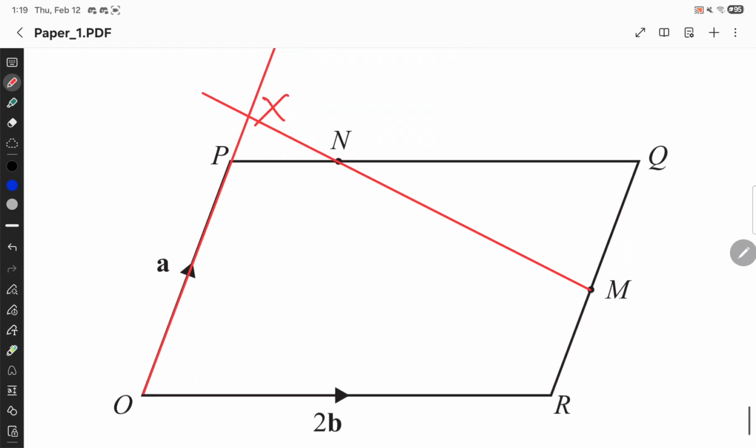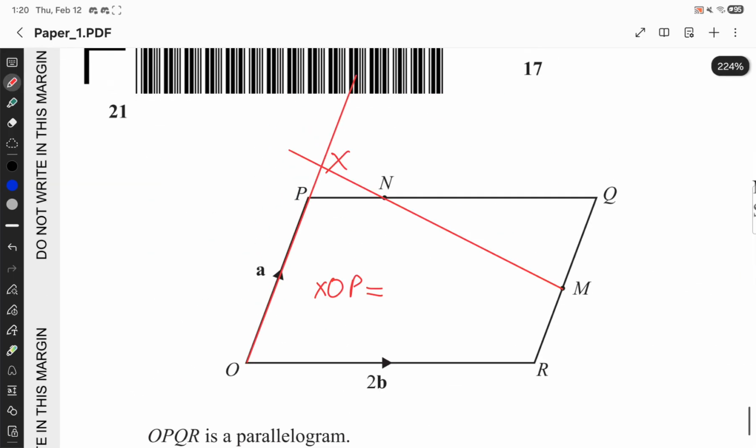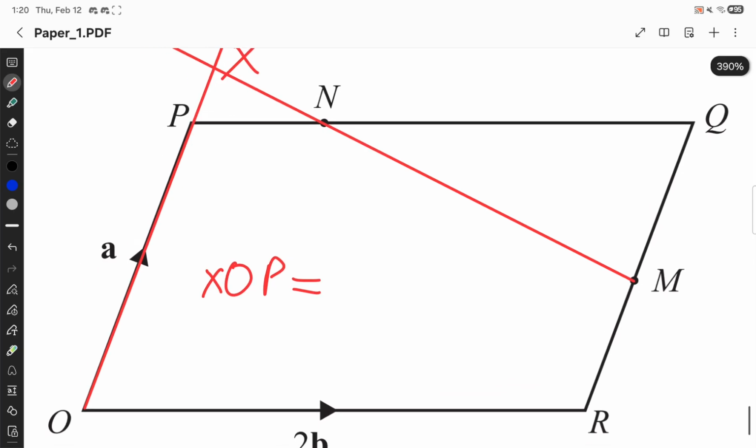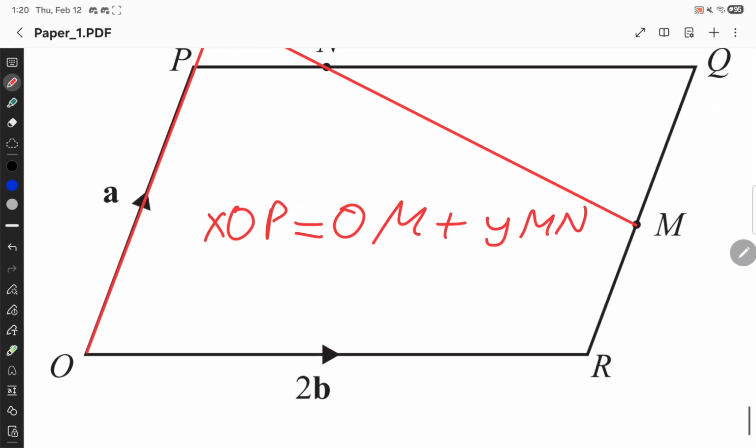Now we need to find OX. To do this, we know OP is equal to, let's go to, what do we have? We are working with NM. We want to shoot this from M. So how about we do OM plus y MN. This is our equation. OM is just going towards here directly.